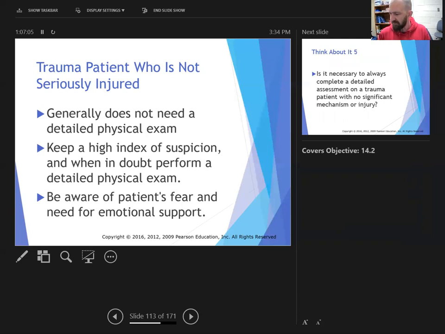This is an important point to note: when somebody gets hurt bad enough that they need us to come to their scene, they're probably going to need a bit of emotional support there. People get scared when they get hurt. They're thinking, did my life just change in a significant way for days, weeks, months, years, the rest of my life?